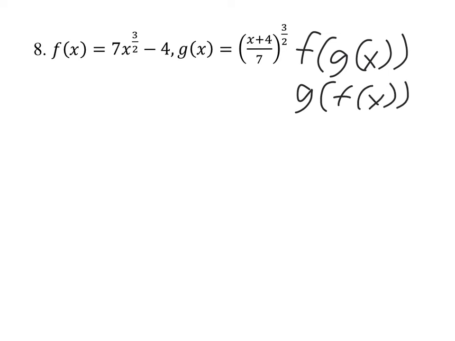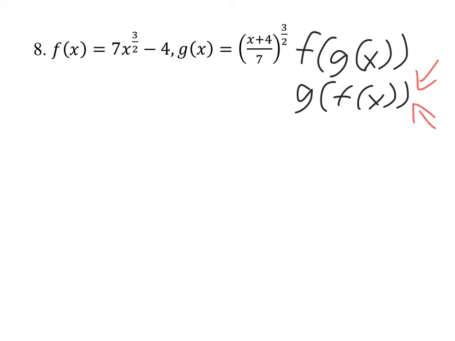What this method does is pick one of these two equations, either g of x or f of x, and we plug in whatever is on the right side into the x value of the other equation. It works the same way as if you had an f of x and f of 5. You would plug in 5 for all the x values. I'm going to go with g of f of x.